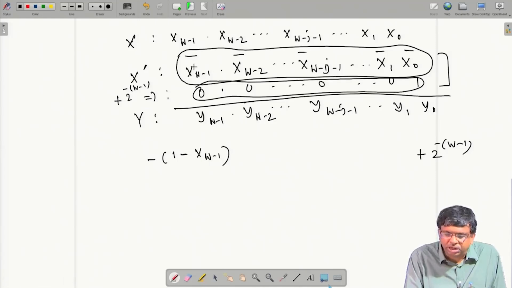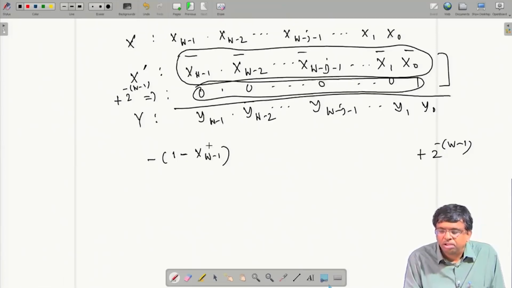That is this bit, with a minus, because in the 2's complement formula, the decimal value of a 2's complement number means this has to be treated as a decimal digit with a minus sign. The moment it is decimal, it is 1 minus decimal of this. Then plus this into 2 to the power minus 1, but this again to be treated as a decimal digit. The moment it is a decimal digit it means 1 minus this original in decimal form.